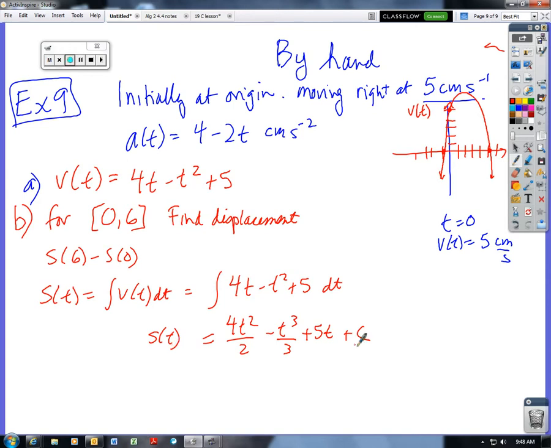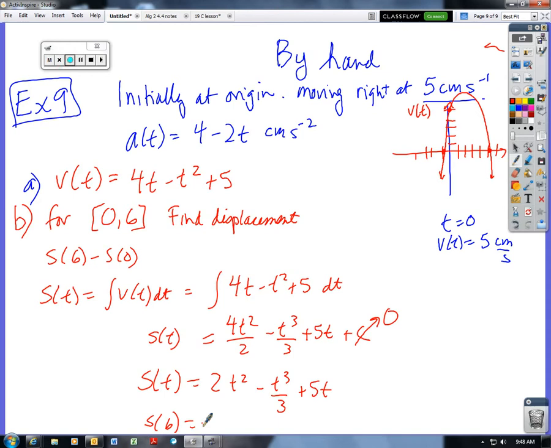So that means that c is going to go to 0. So if I clean this up, s of t is 2t squared minus t cubed over 3 plus 5t. And now all you have to do is find s of 6 and s of 0. And we actually know s of 0 is 0 because it starts at 0. So all I really need to know is s of 6.